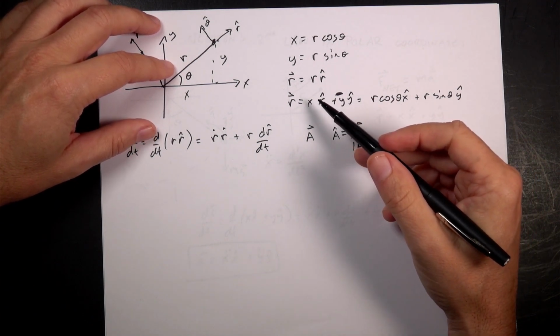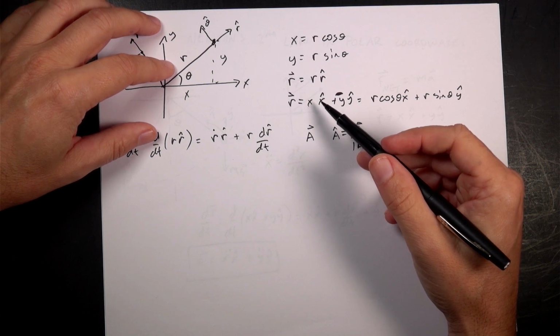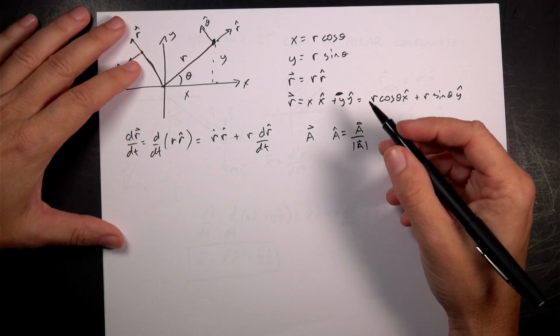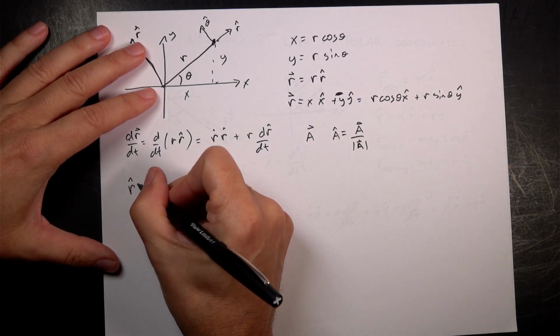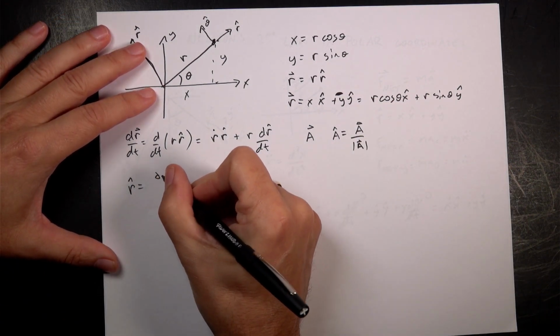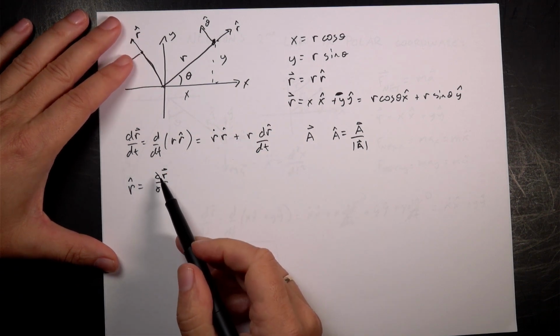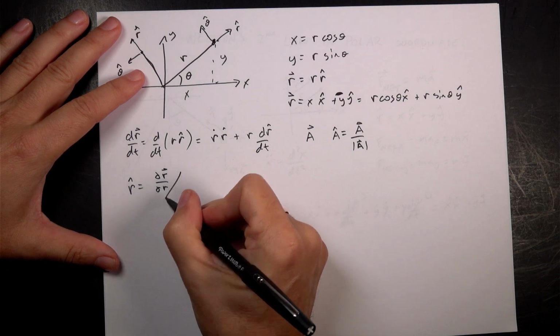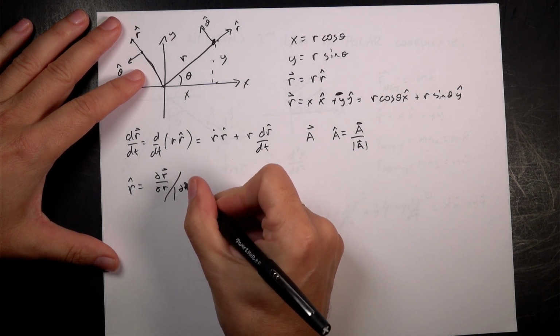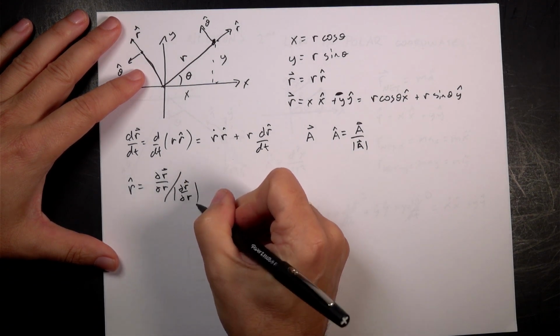It's going to be the direction that r changes, but it has to be normalized. So I can say r hat is going to be the partial of the vector r with respect to the variable r, divided by the magnitude of the partial of the vector r with respect to r. So let's do that.